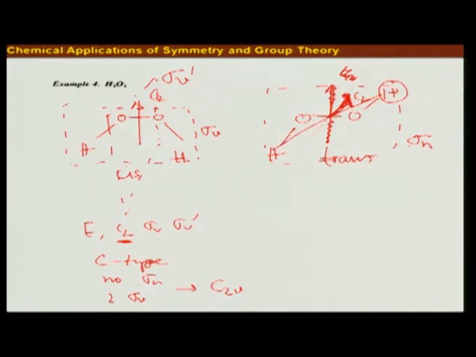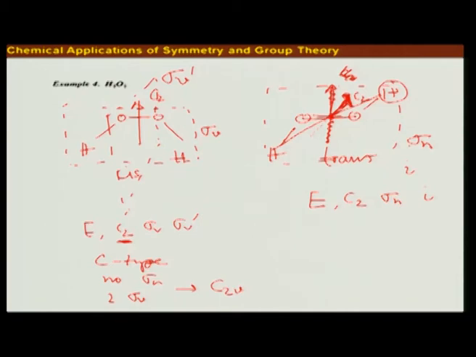Similarly, this O will find another counterpart if I go here. So every point on this molecule will find its counterpart if it passes through this central point. So I have an I. So overall I have E, C2, sigma H, and I, and there are no other possibilities.